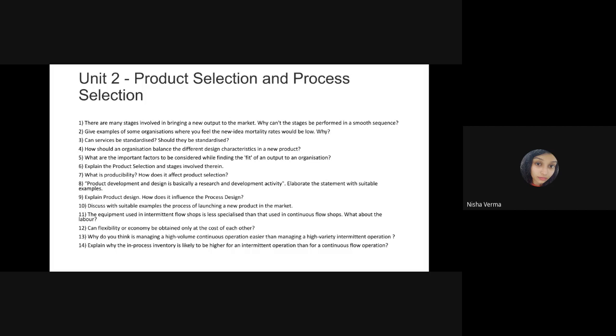What products to produce, in what form, what will be the future, is very important, because many other decisions will depend on it. Let me give you one example.